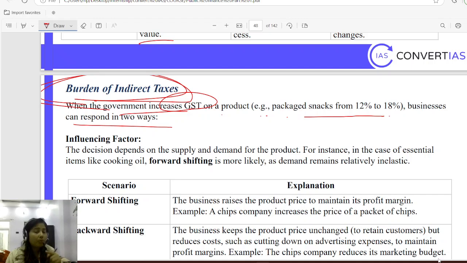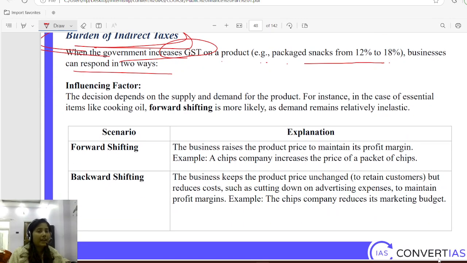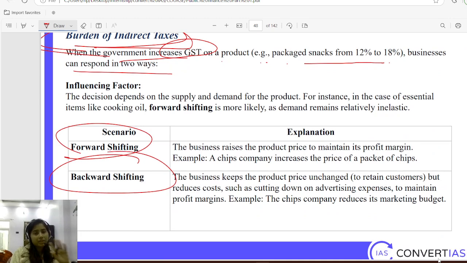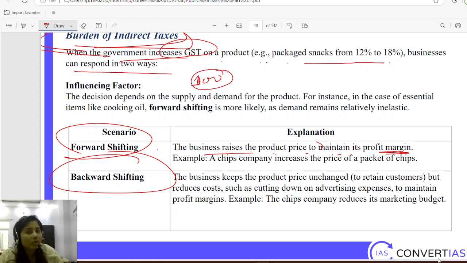So what are the influencing factors that decide who is going to pay how much of the tax burden, the tax liability? The influencing factors are forward shifting and backward shifting. There are two types. Forward shifting: the business raises the product price to maintain its profit margin. Suppose at a producer level, a biscuit is worth 100 rupees, and the government has charged 5 rupees.